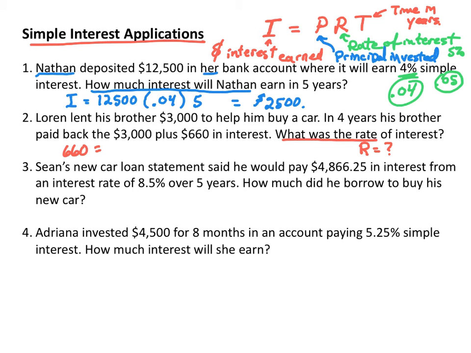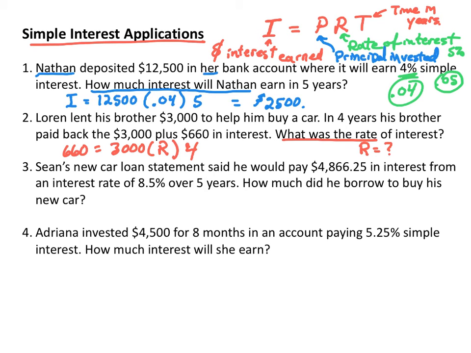I need to know the P, the principal amount. In this case, it's borrowed $3,000. The rate of interest, I don't know. That's my unknown here, R, in 4 years. So let's solve that equation. I'm going to multiply 4 times 3,000 and then divide 660 by that number.